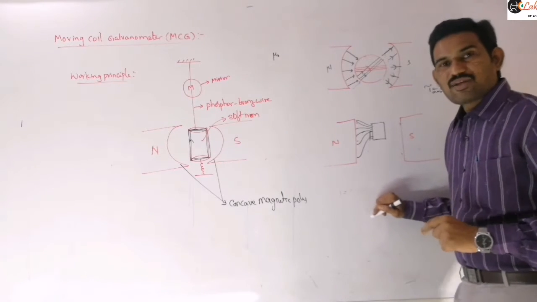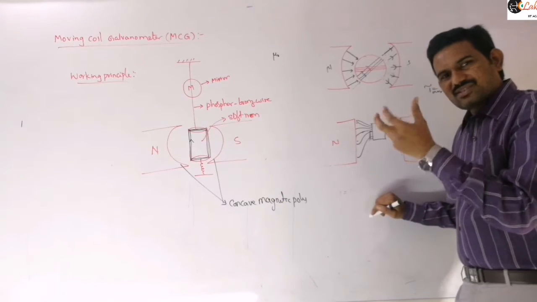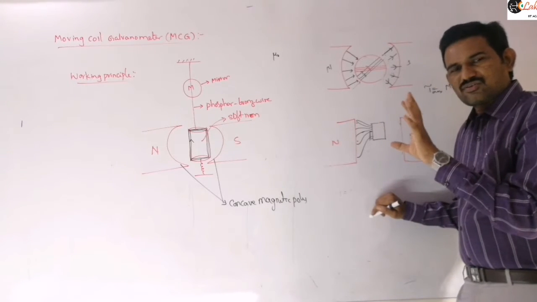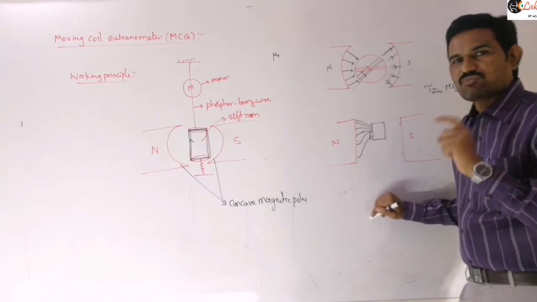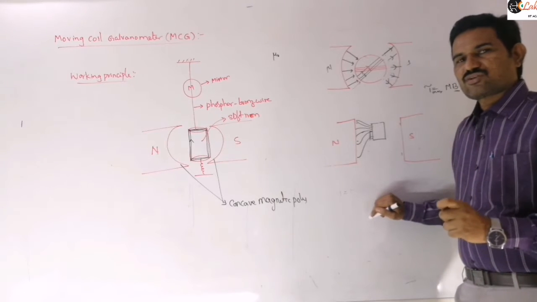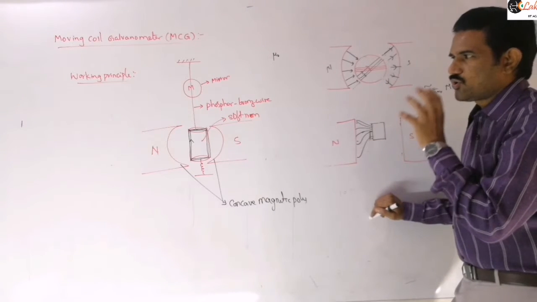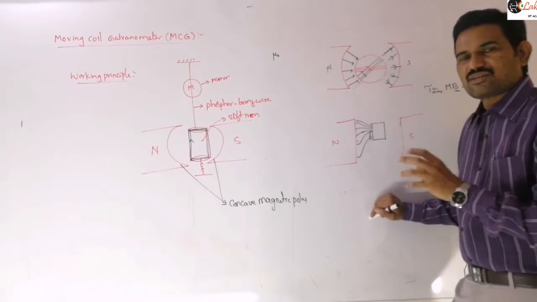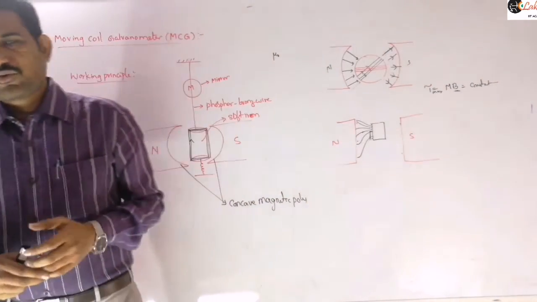At the same time, the rigidity modulus should be low, so that the wire can be twisted easily and come back to its original position. So its Young's modulus should be very high and rigidity modulus should be very low. Quartz or phosphor bronze has such a property, so we use that material there. Mention that point also.